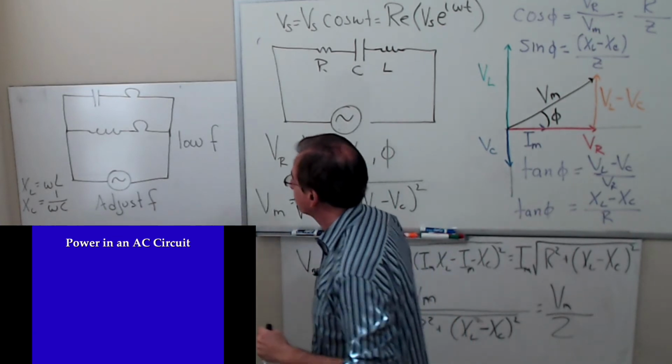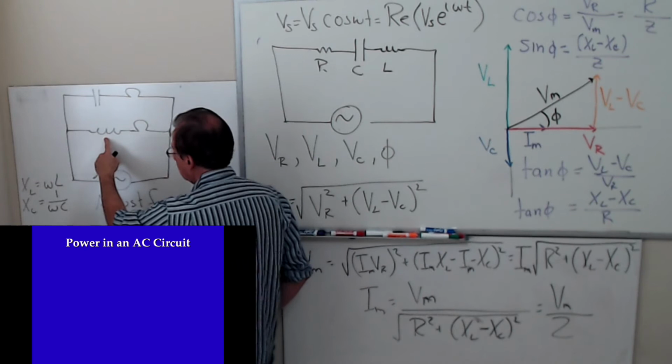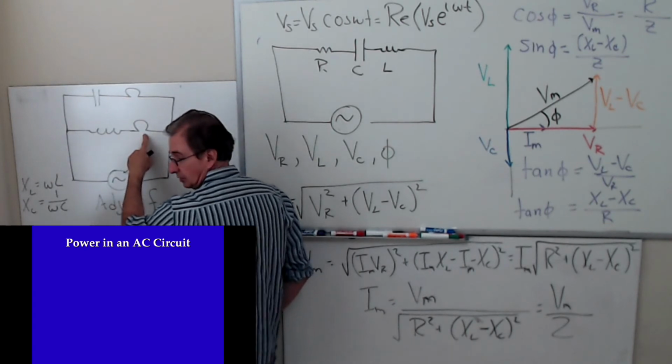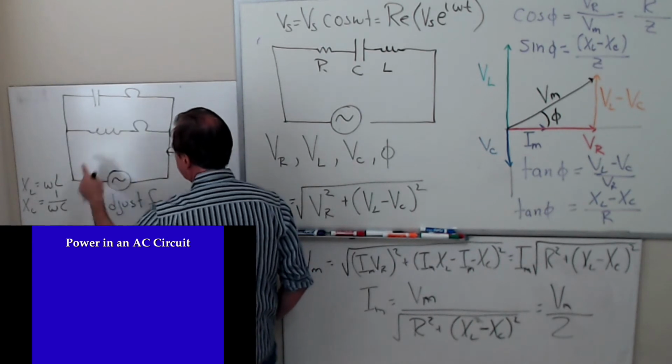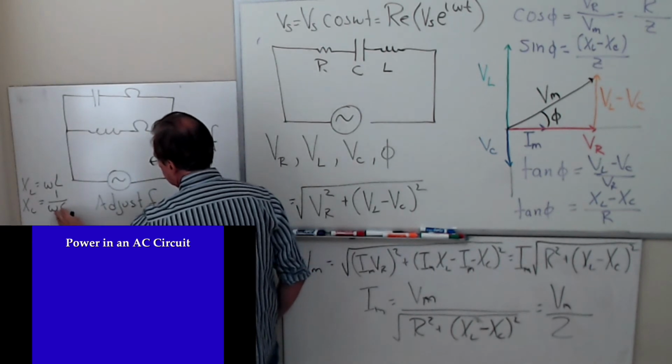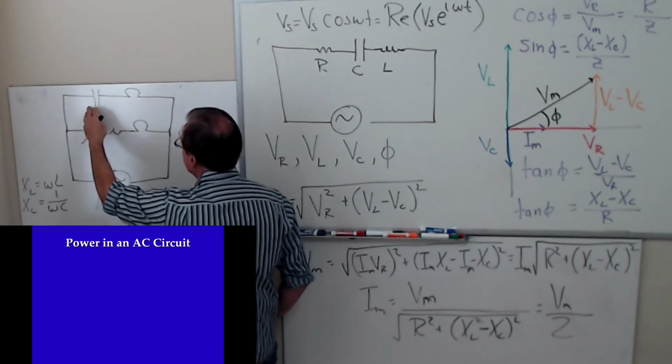Well, as I increase the frequency, this gets bigger, so the voltage drop across this guy will get bigger. This will get dimmer. As I make the frequency bigger up here, then this gets smaller. So now current's starting to go through here.